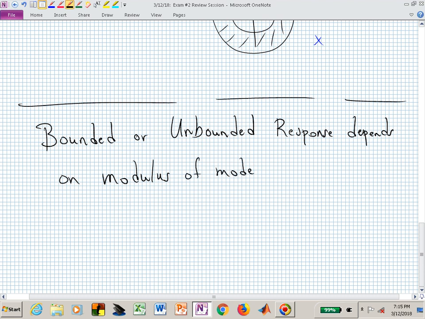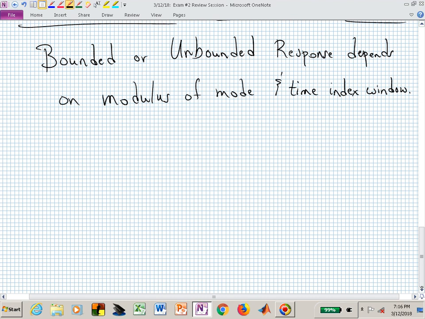How far is that pole away from the origin? That's its modulus. What's the magnitude of that pole? The modulus of the mode and the interval of support or the time index window. I'm using some different terms, hoping that some of these might start to resonate.